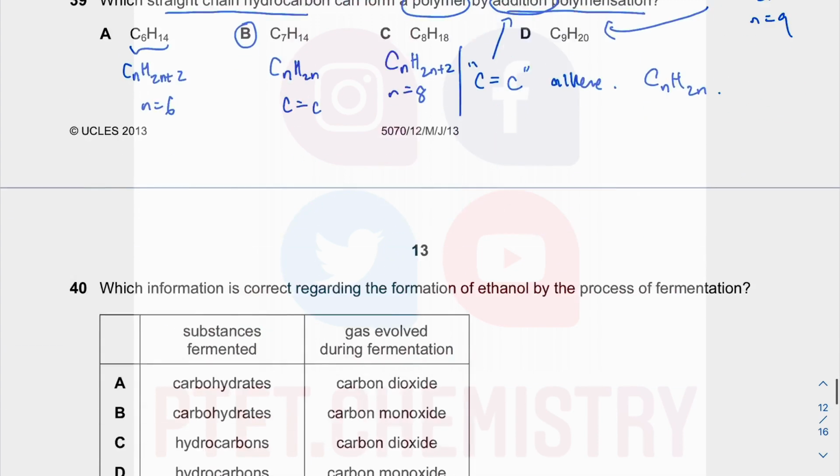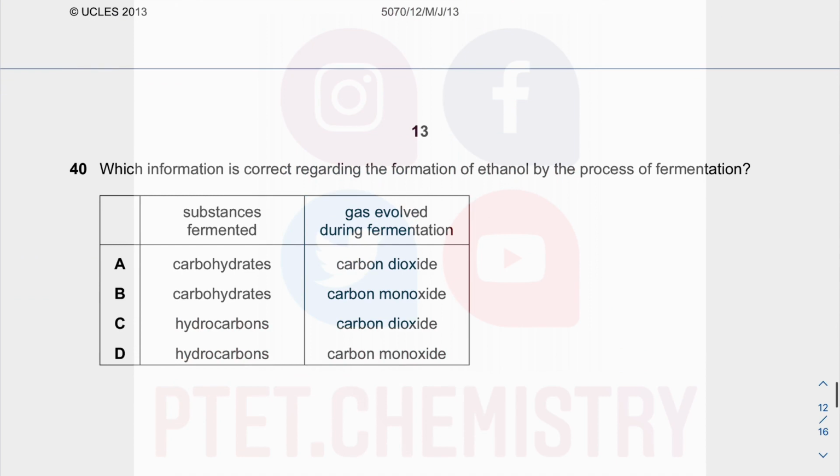This is the last question of this paper 1 tutorial. We are talking about fermenting. So we have glucose going to ethanol plus CO2.